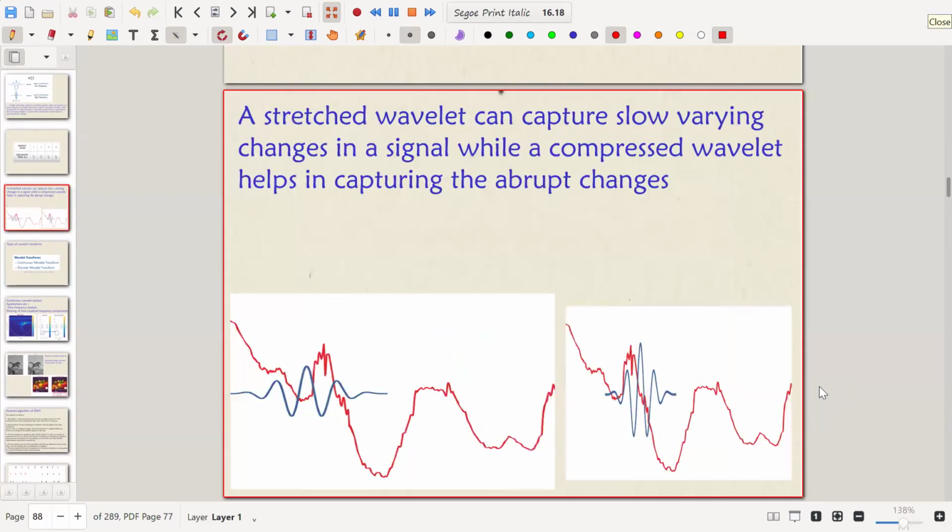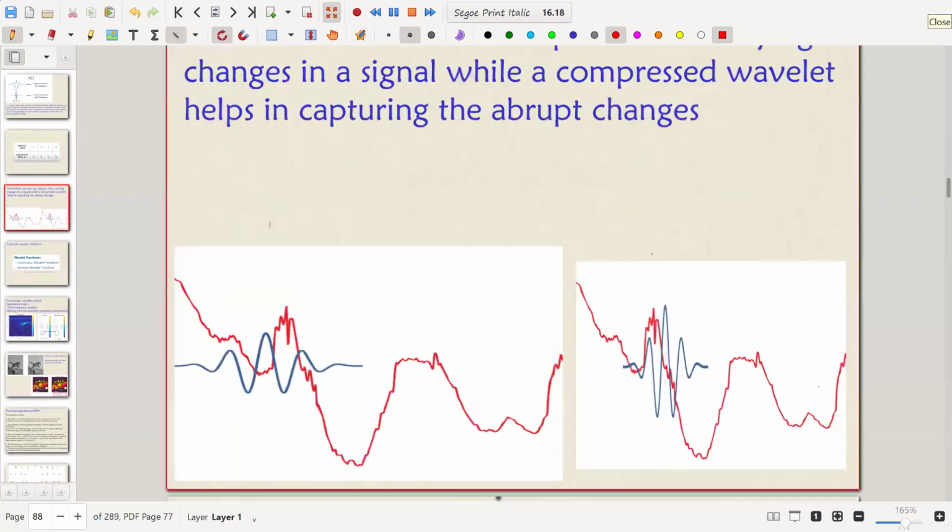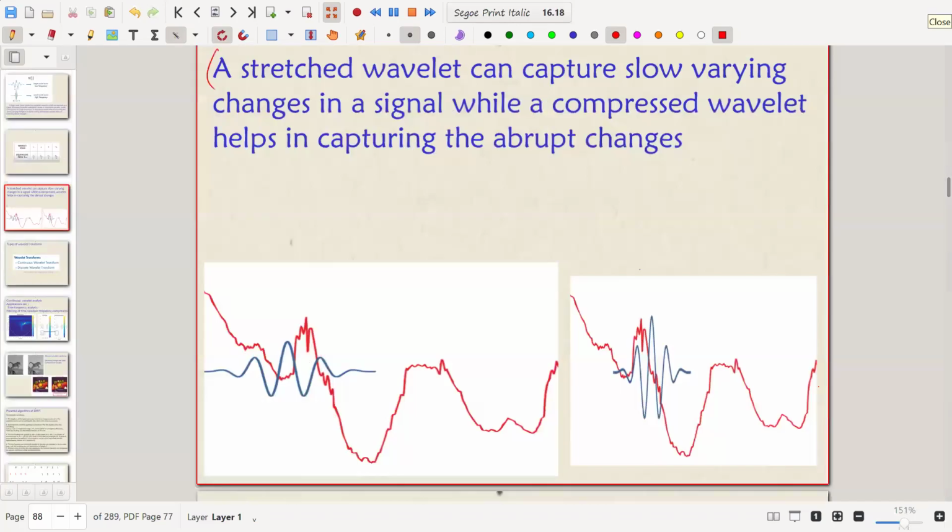Anyway, this is the idea. If a stretched wavelet, this is a good example, and I think it is important for you, even though not much math is involved. A stretched wavelet can capture your slowly varying changes. In these two cases, there are some changes where I've circled.